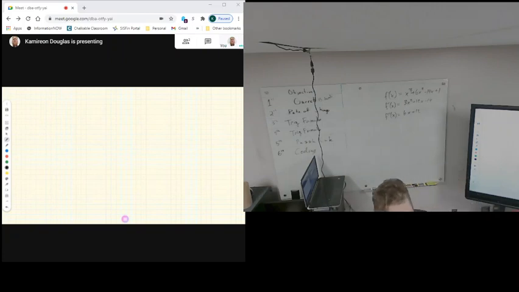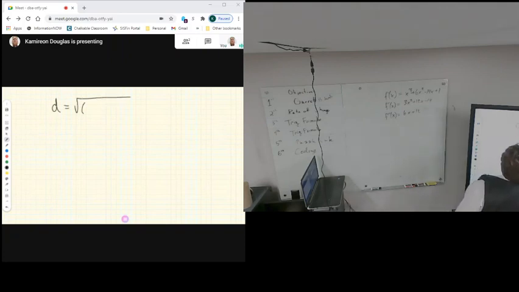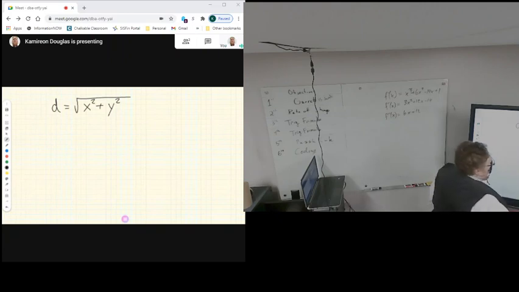It's very creative in how you do it. What you do is a related rate of a weirder formula. So, for example, the common distance formula is D equals the square root of x squared plus y squared, a variation on Pythagorean's theorem.